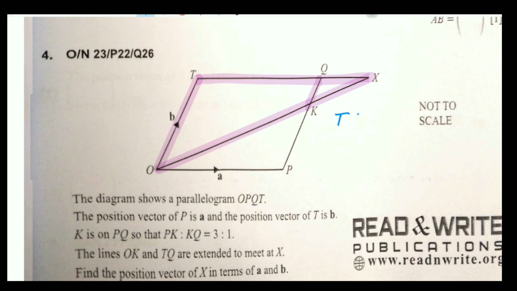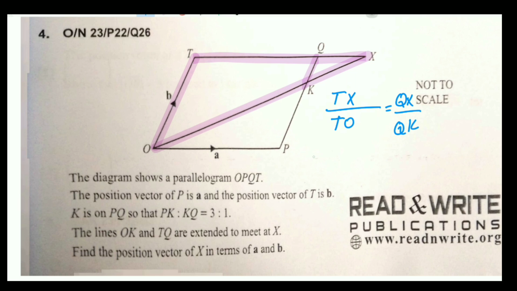So how will we write the ratio? TX of the bigger triangle corresponds to QX of the smaller triangle. So it will be written QX and TX over TO and QX over QK.